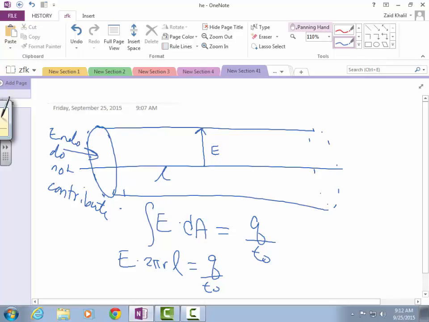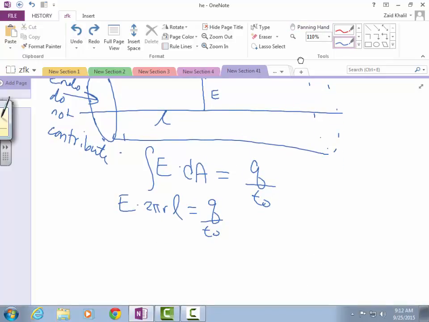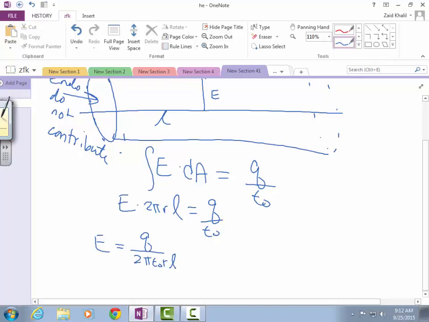And therefore, E equals Q over 2 pi epsilon naught R L. But a lot of times, notice L is infinite, so you're looking at this in terms of lambda. So what's lambda equal to?